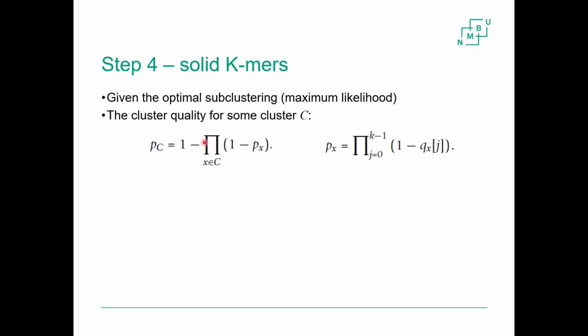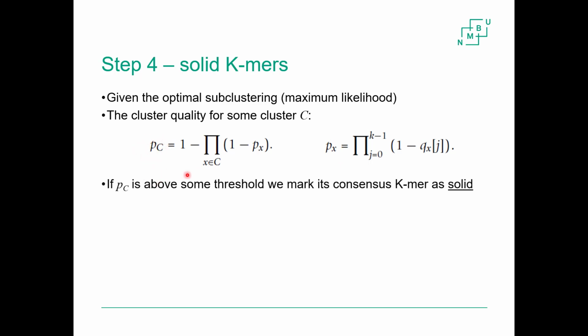So for each K-mer in the cluster, we take 1 minus the probability of not having an error, which is the probability of error, and then 1 minus this again. So this is the probability for the whole cluster of not having an error. Right? So if this one is big, then this one is also big. And this is the quality of the cluster in this Bayes hammer method.